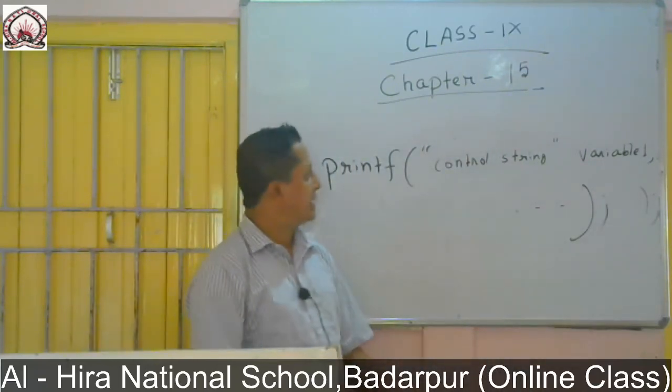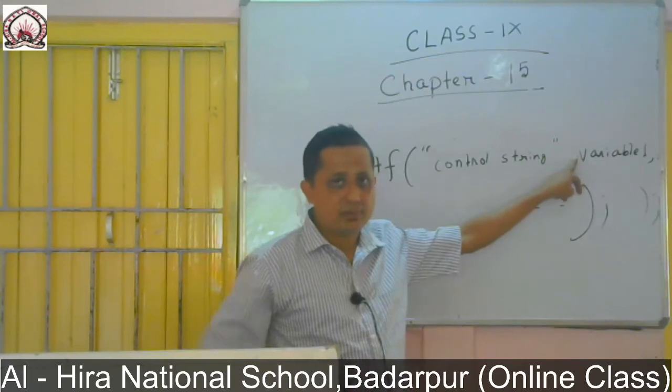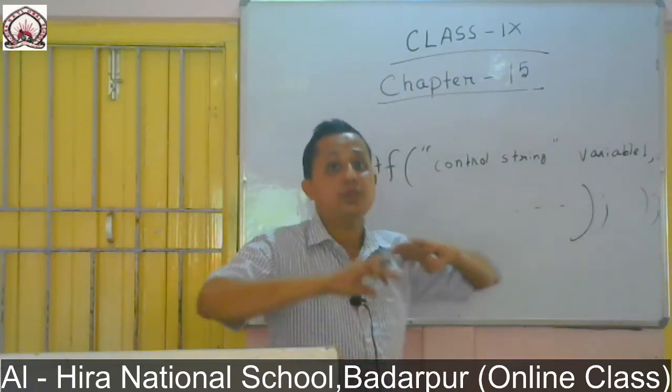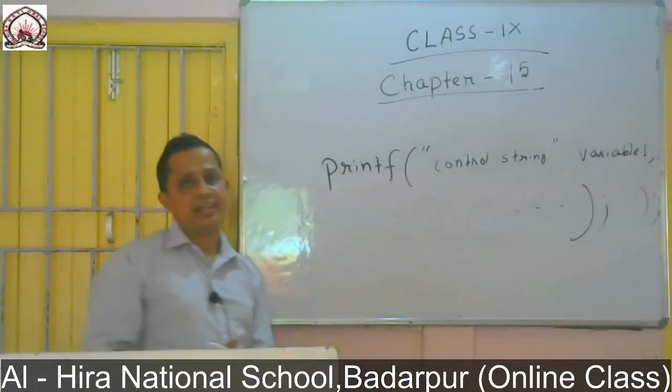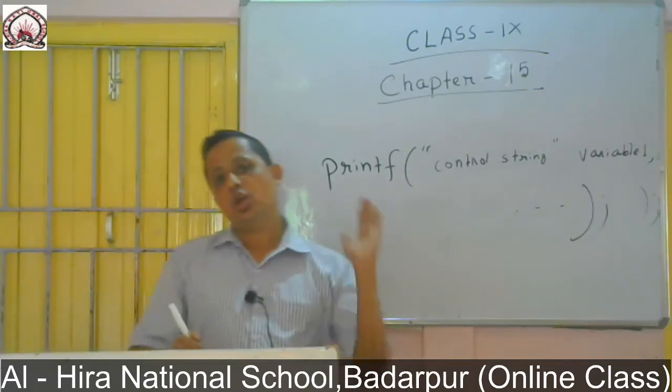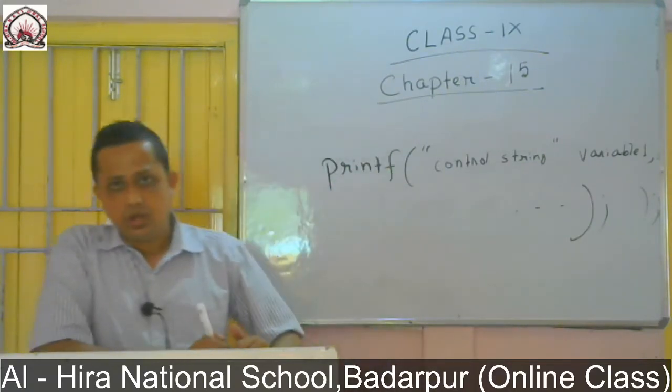The only difference is that in the case of scanf there was an ampersand, meaning address of, and here it will just display. The printf statement is used to display the output on the screen.